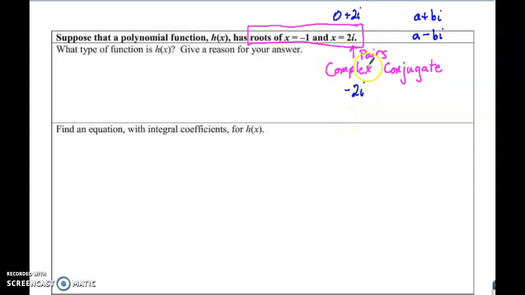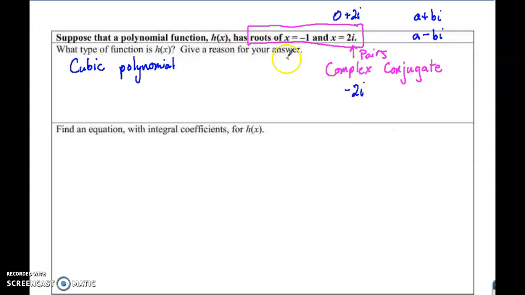Because that might show up on the free response that you have to do in the homework. So what that means is we have a cubic polynomial, because you can't just have a root that is one imaginary. You need to have a second imaginary that pairs with that.